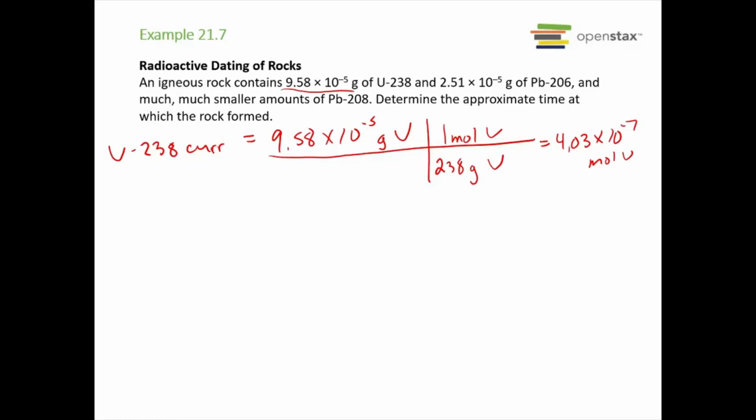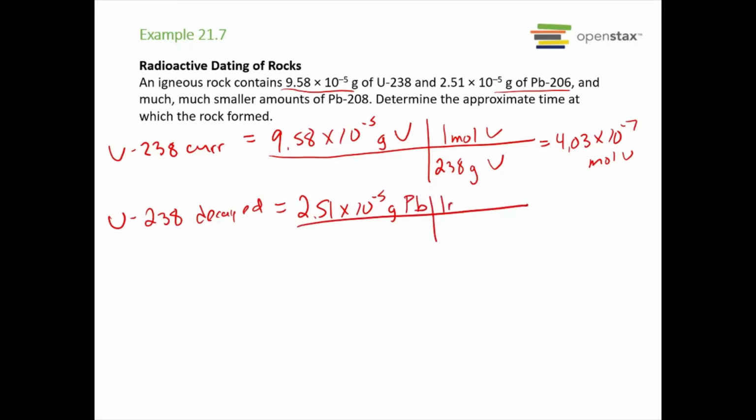So then the amount of uranium-238 that decayed is going to equal 2.51 times 10 to the -5th grams from the lead-206. And we have 1 mole of lead for every 206 grams of it, and 1 mole of uranium for every 1 mole of lead.